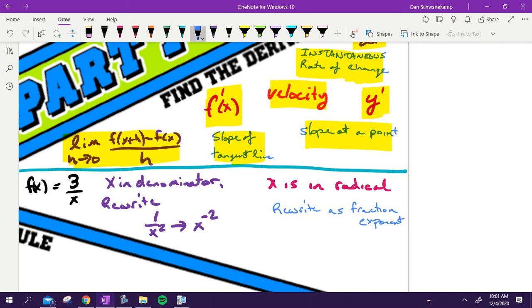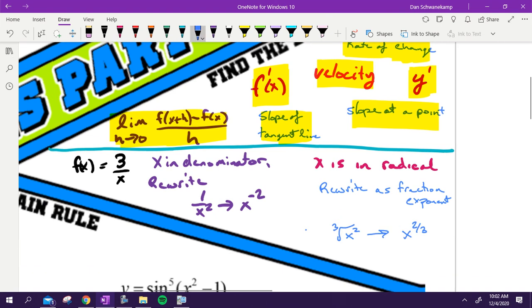Like, for example, if I gave you the cube root of x squared, what is the same thing as the cube root of x squared? X to the 2/3, because I squared it as well. So x to the 2/3. Yep, you're good. X to the 2/3. Make sense on those ideas? Nothing crazy there. I just want you to make sure that you don't forget about those things.